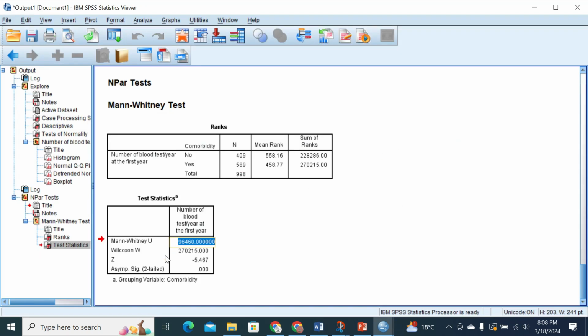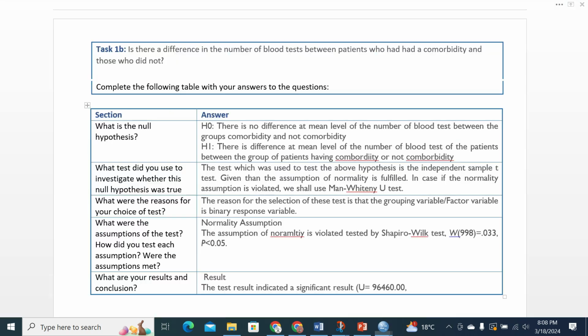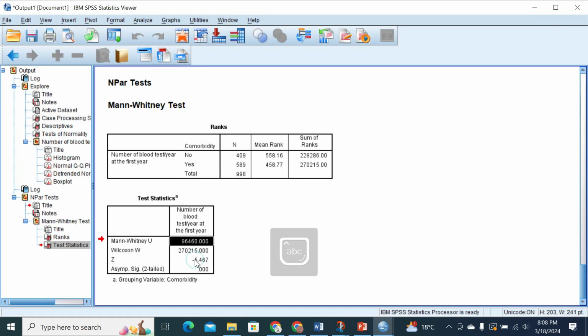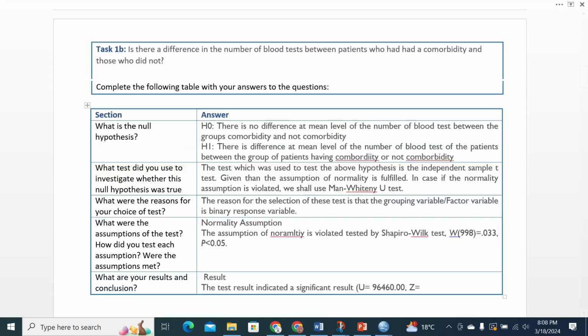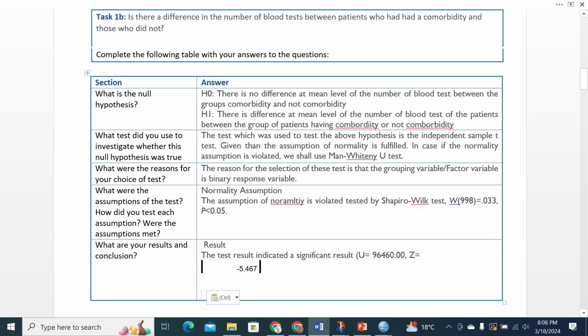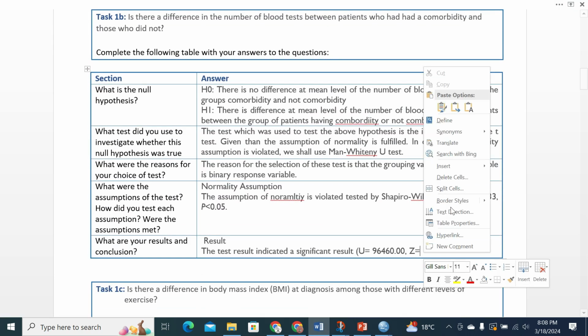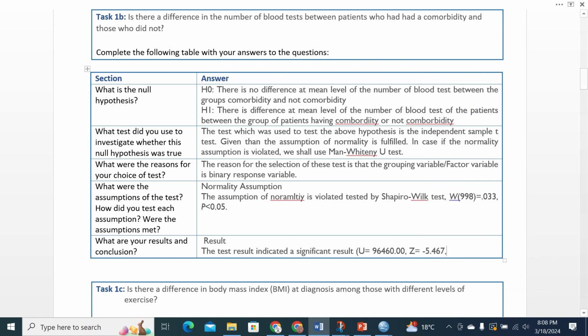Remember that. And Z equals this one, and p is less than 0.05. So why is it significant? Because the p value is less than 0.05.